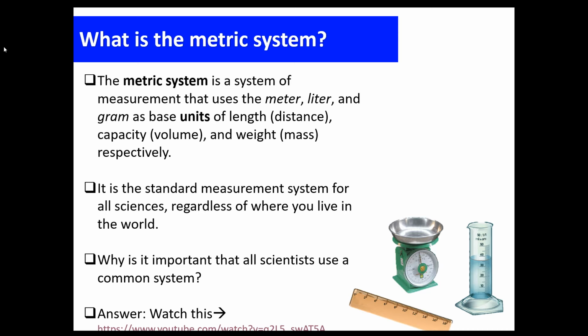So one thing we need to talk about is the second bullet point. The metric system is the standard measurement system for all sciences. Regardless of where you live in the world, if you're doing scientific work, you're supposed to be doing this work in the metric system.